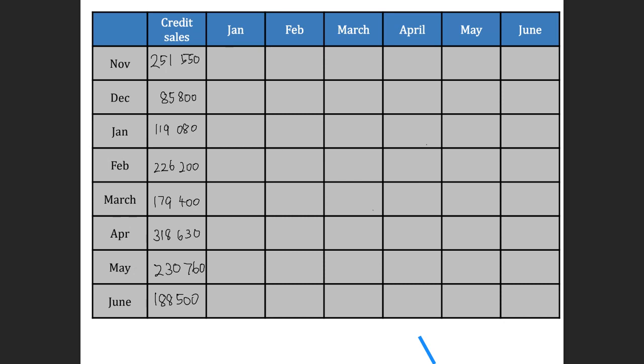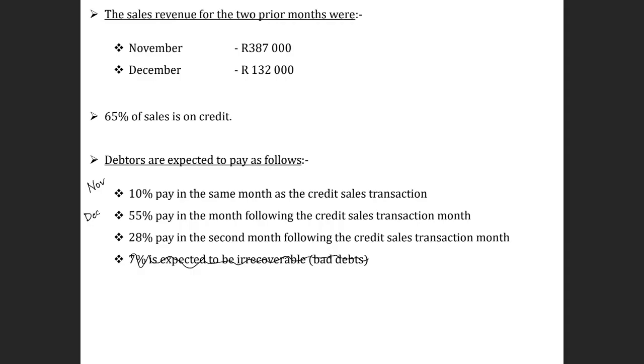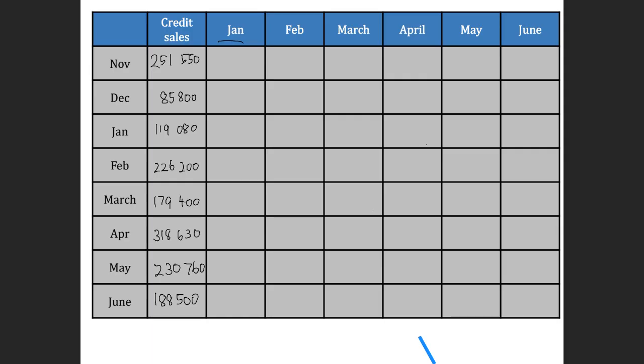So it's starting here. Then the 28% would be in the month of Jan. So this now can be included in the schedule because we do have the month of January as our first month there. So now it's 28% of the amount that would have been on credit.